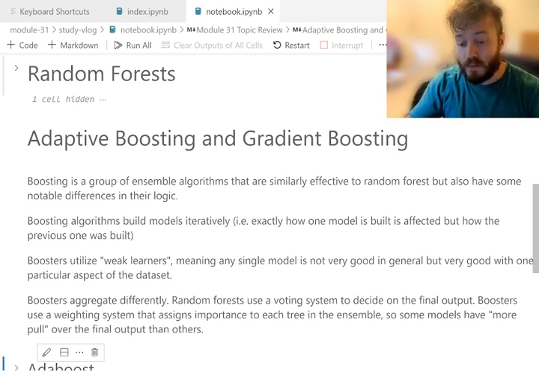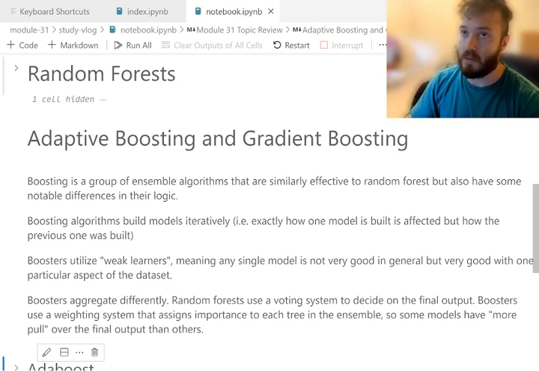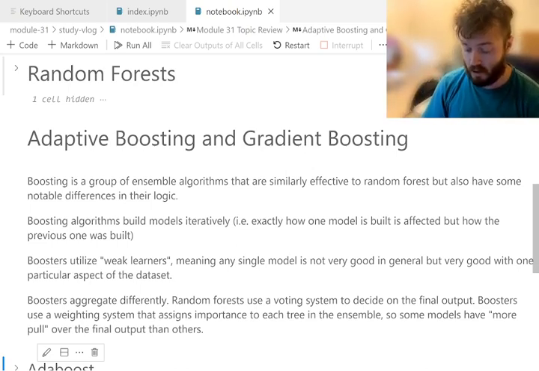Versus with boosting algorithms, that's not necessarily the case. Exactly which subset of the data is sampled and passed into the current model might affect how the next model is built. And the models are built in line. They're built one at a time rather than in parallel, the way they are in random forests.